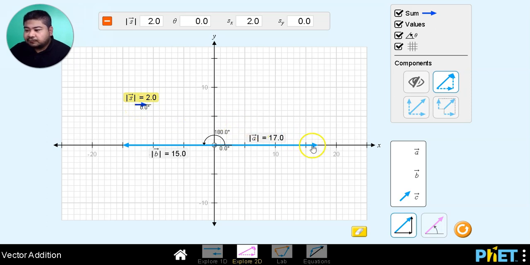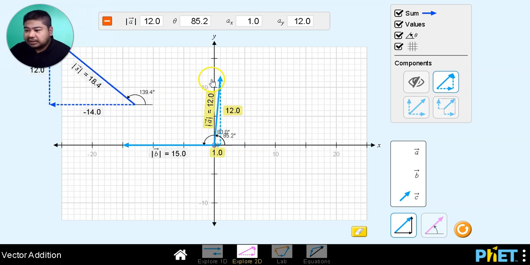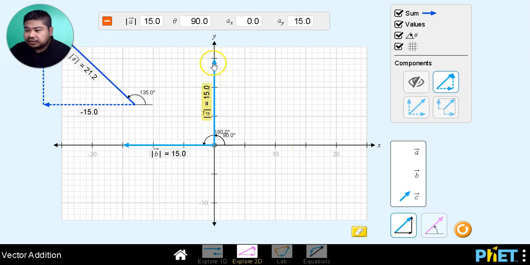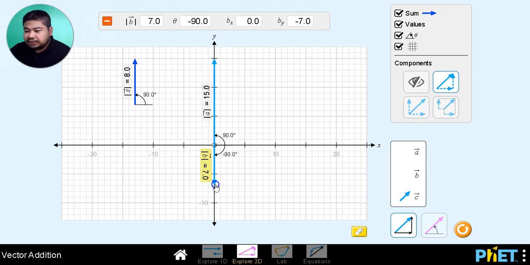All right, same goes if you have the vectors on the y-axis. Let's say the length of A is 15 and vector B is 8. So 15 plus negative 8. The sum is when we add the vectors, that's why I'm saying plus.